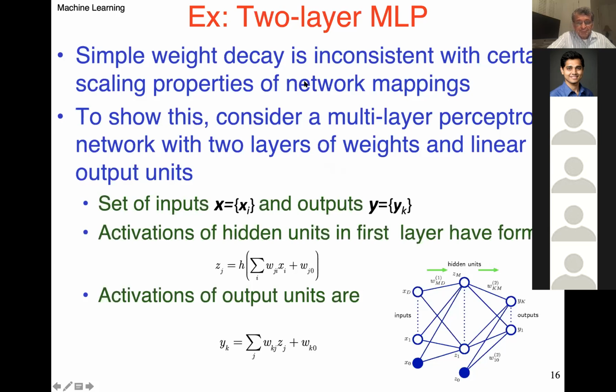We have a set of inputs x_i and outputs y_k, and activations of hidden units in the first layer have this form: z_j equals h of w_ji x_i plus w_j0. So these are the hidden units. And the activations of the output units, the y_k, take whatever z as input in a similar way.